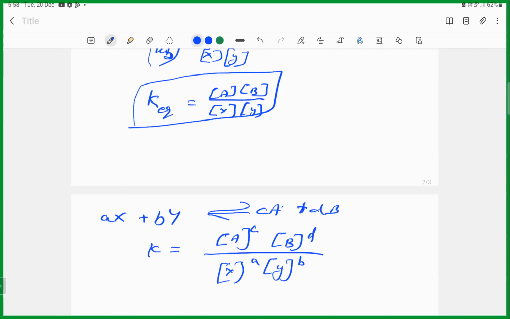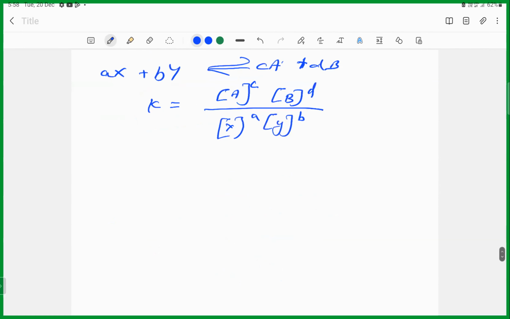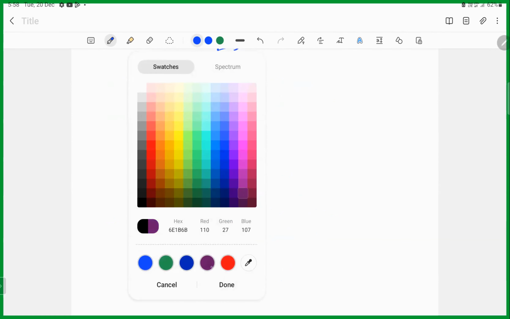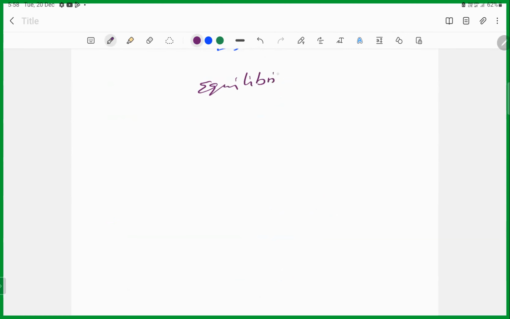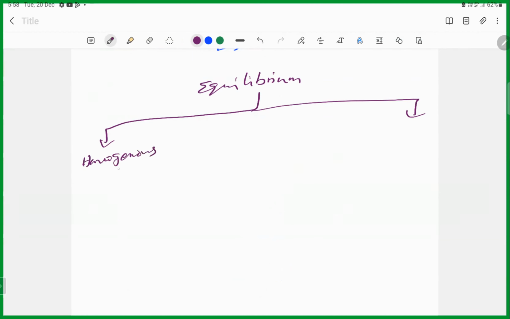Now the equilibrium may be homogeneous or heterogeneous equilibrium. What is homogeneous and what is heterogeneous? Give some simple example. Homogeneous is like a similar nature, sir, but heterogeneous is like a different nature, sir. Give an example.